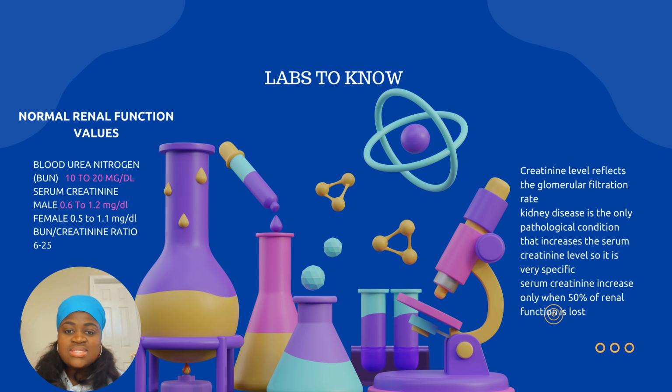Okay, so on this slide, I include some labs that you need to know where renal function is concerned. For normal renal function values, I have the blood urea nitrogen, which is also called the BUN, and the normal for that one is 10 to 20. Serum creatinine for males is 0.6 to 1.2, females 0.5 to 1.1.